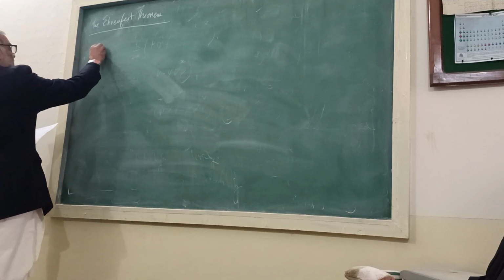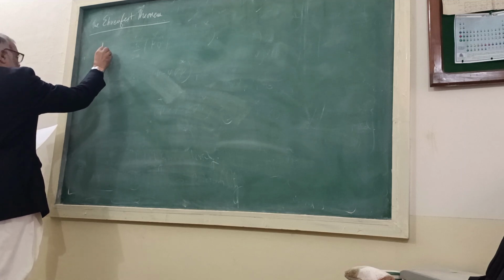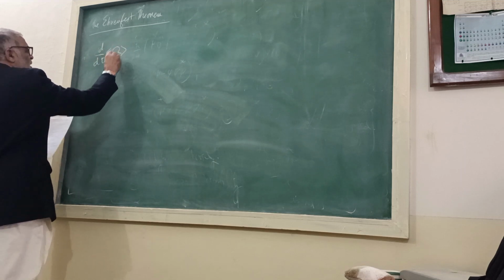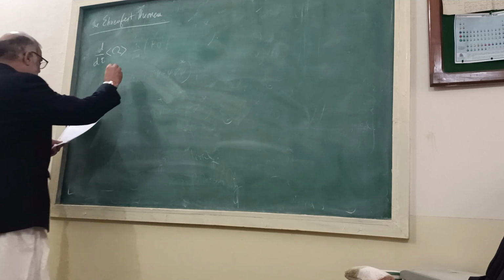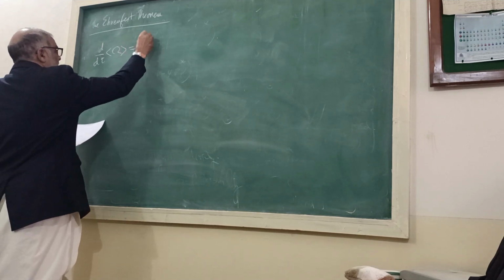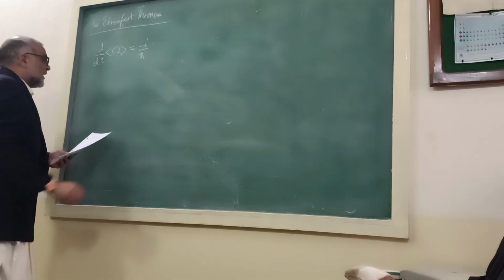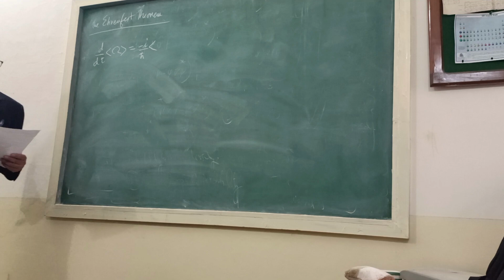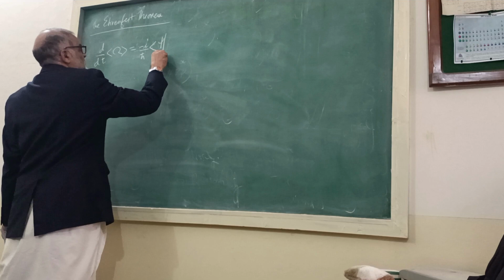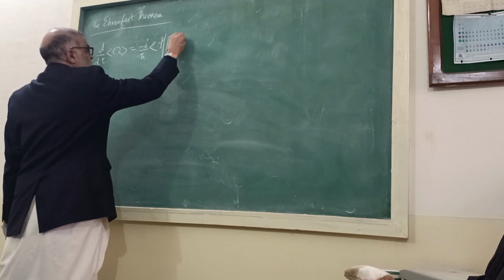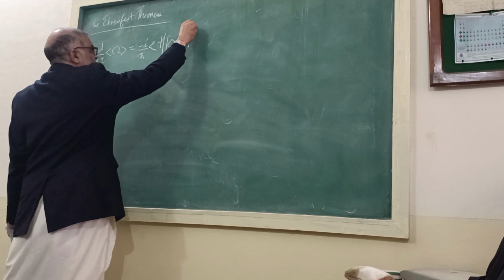And mathematically, d by dt of the expectation value of an observable omega, the rate of change of the expectation value of an observable omega, is equal to minus i over h cut times the expectation value of the commutator of that observable with the Hamiltonian.